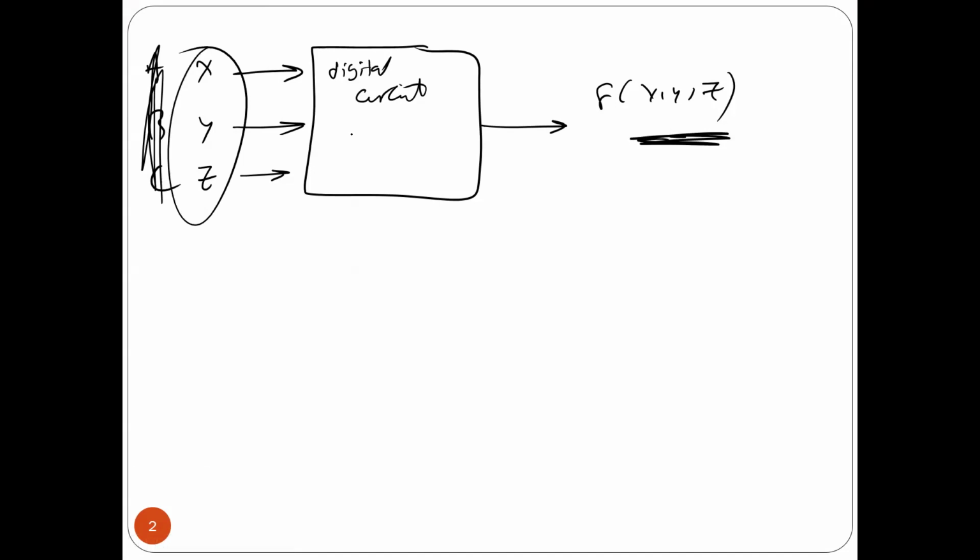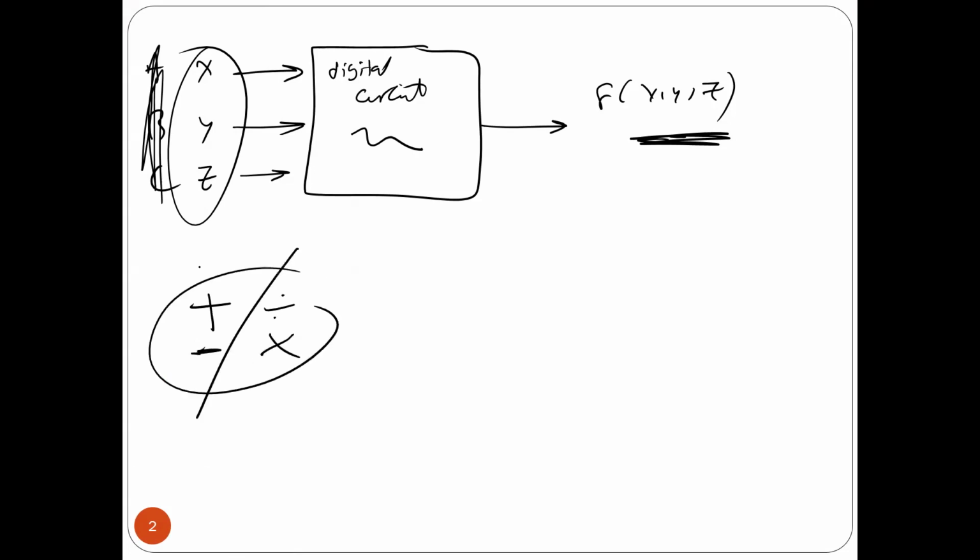And inside here, we don't have addition, subtraction, division, multiplication. We don't have these operations. In case of Boolean algebra, we will use different operations. As I told you last time, the first operation we are going to use is NOT, or inverter.